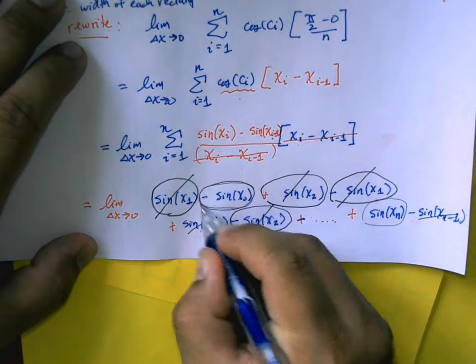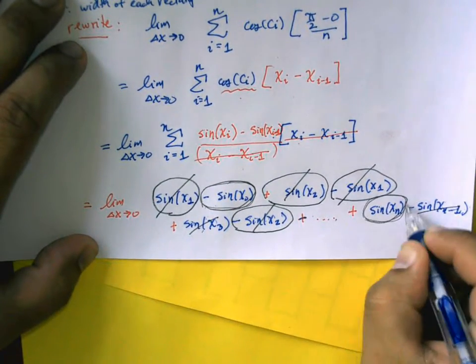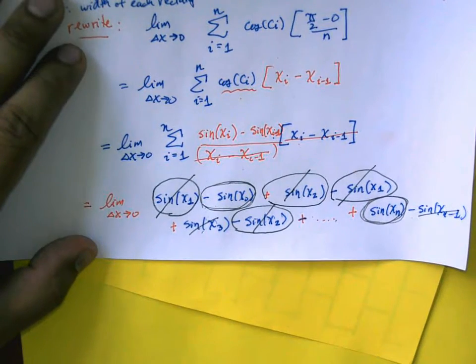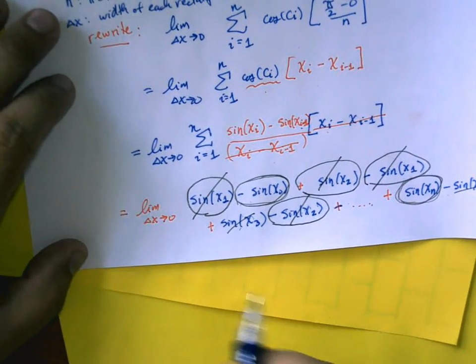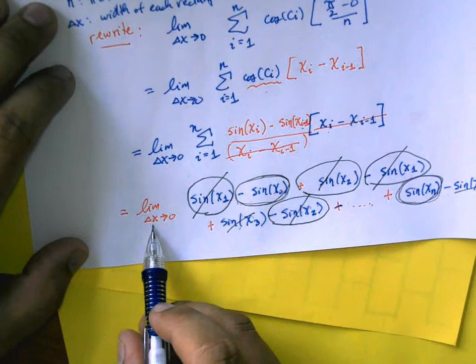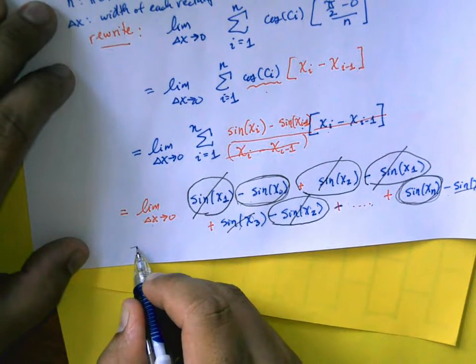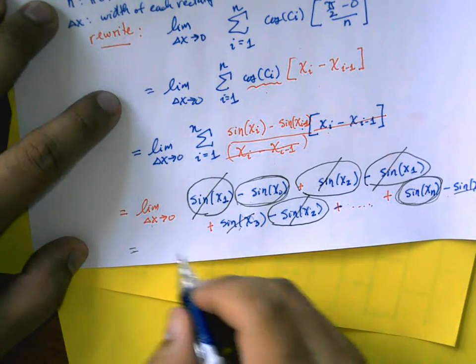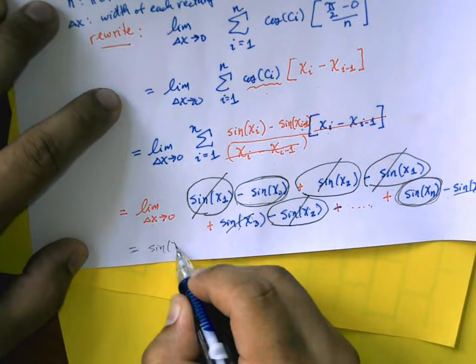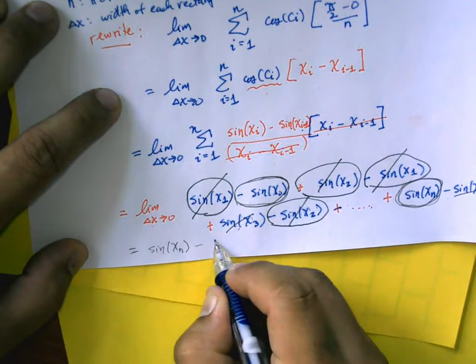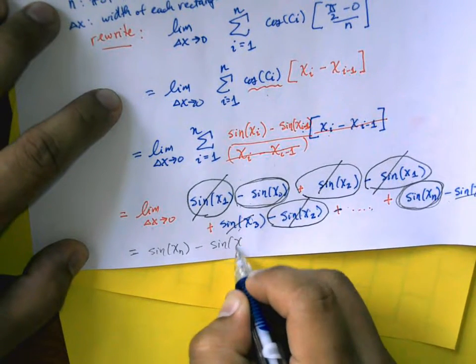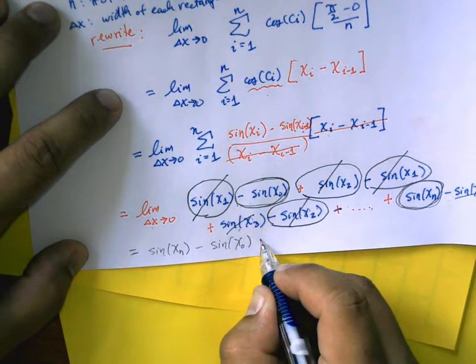And the only terms that are left are these two terms. And this is a beautiful thing, because now delta x has absolutely no influence over this at all. We can absolutely just get rid of delta x. And now we end up with sine of xn minus sine of x sub 0.